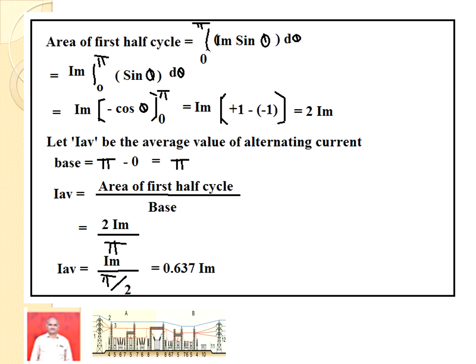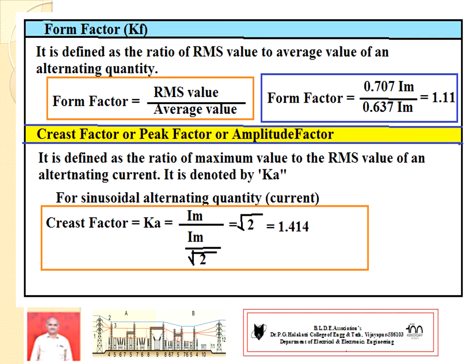So, finally, I average equals 2 Im divided by pi, or Im divided by pi by 2. You can write in this manner also, 0.637 times Im. Again, average value of alternating current is directly proportional to its maximum value.